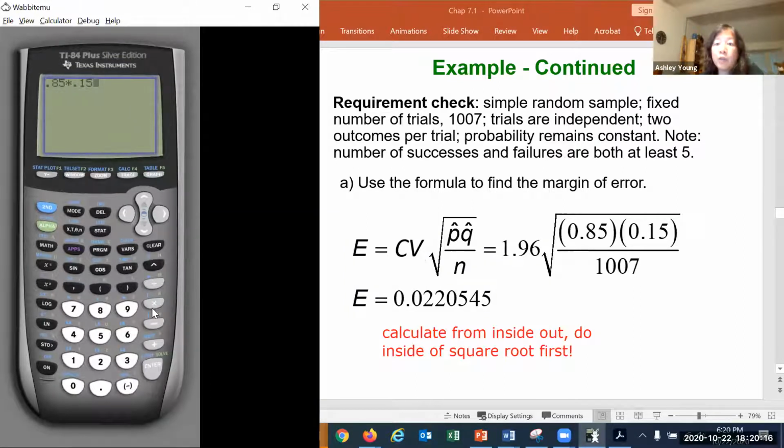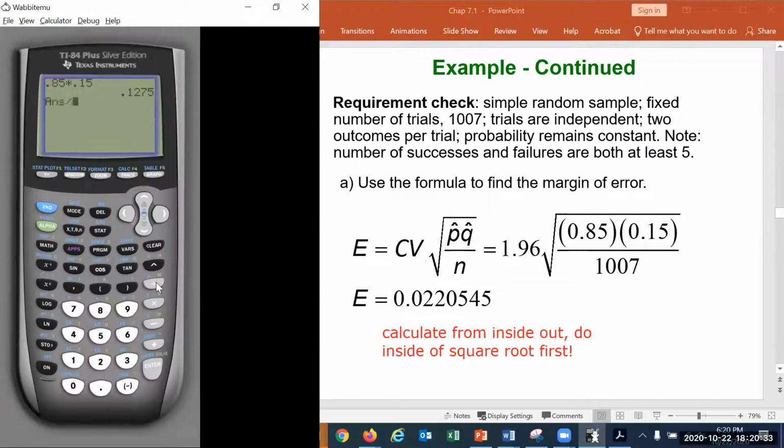So find the numerator first, and then find your denominator, which I already found. So find your numerator first, find your denominator next, and then divide them. My denominator is already fixed, so I'm good there. So I'm going to take my numerator and divide by 1,007.